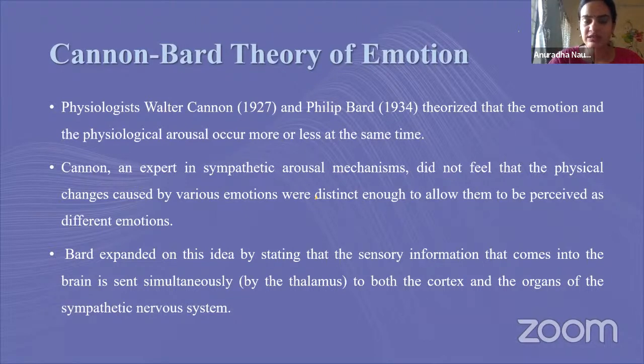So what he means is that maybe I'm looking at a dog and the dog is growling, and I'm feeling my heart rate increasing, I'm having a dry mouth, and I'm having this flight mechanism that I should run in the other direction. But is my body able to perceive those emotions as different? Will I be able to perceive at the same time that, okay, I'm afraid, or will I say that, okay, now I'm not afraid?